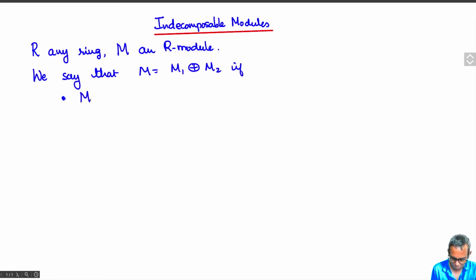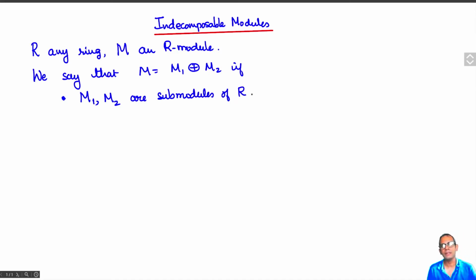Firstly, M1, M2 are submodules of M. In other words, they are abelian subgroups of the additive group of M, and they are closed under the operations from R. Okay, when I say R module here, I'm talking about a left R module.